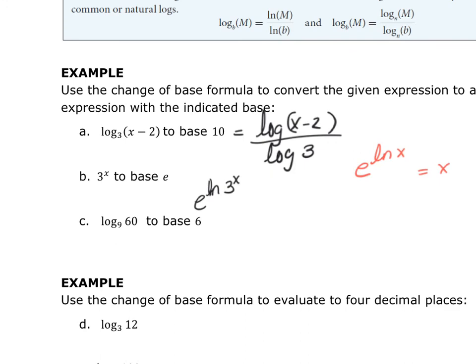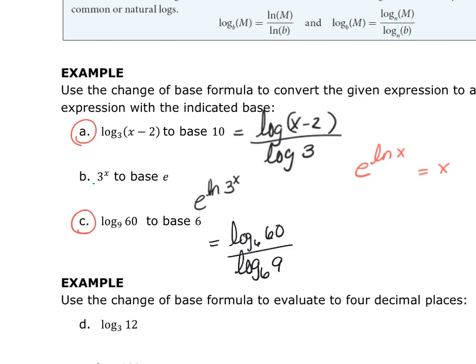On c, I'm going to convert this to base 6, which is going to be equal to just the log base 6 of 60 over the log base 6 of 9. Now you'll notice that on a and c, I approached them differently than I did b.